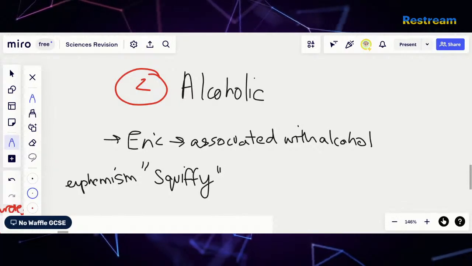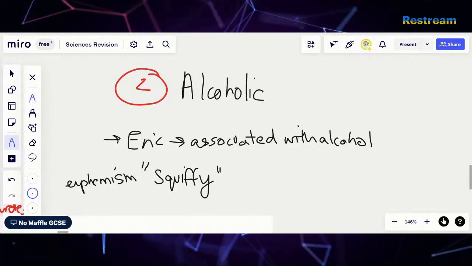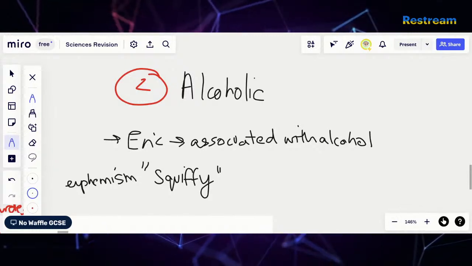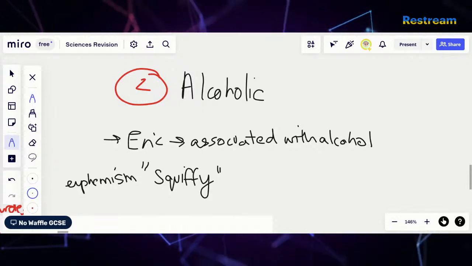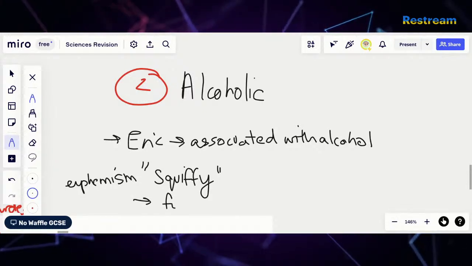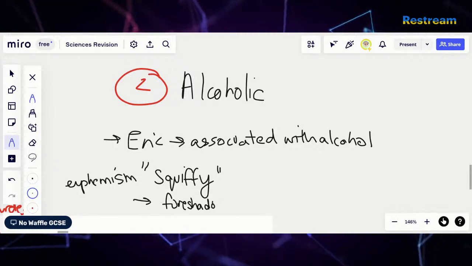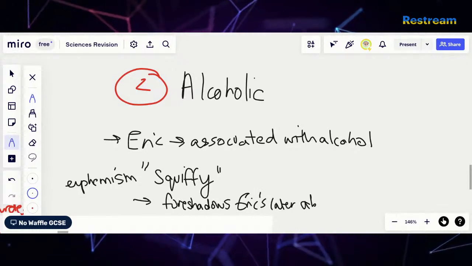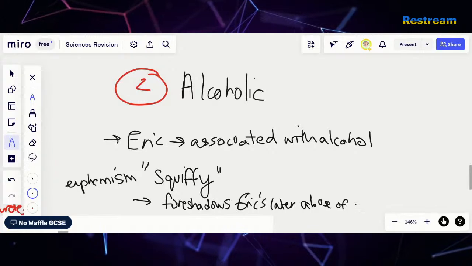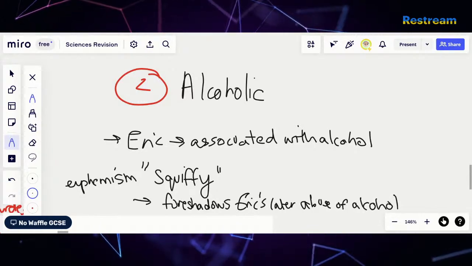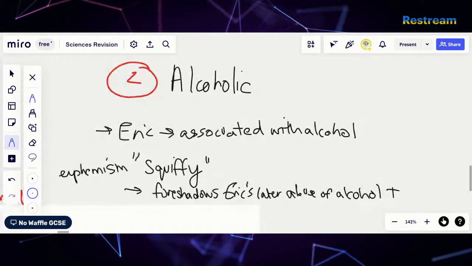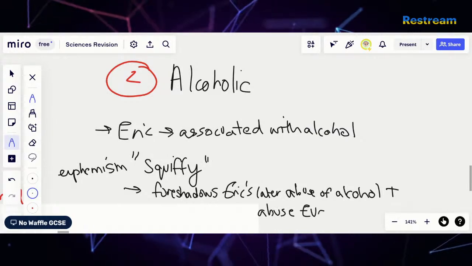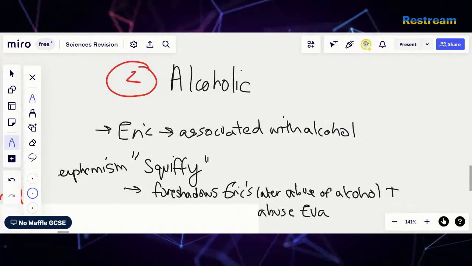And there's a very accusatory tone here. What this suggests is that by outlining Eric early on in the play and associating him with alcohol, it foreshadows Eric's later abuse of alcohol, and how he uses this abuse of alcohol to abuse Eva, obviously by unfortunately sexually assaulting her.